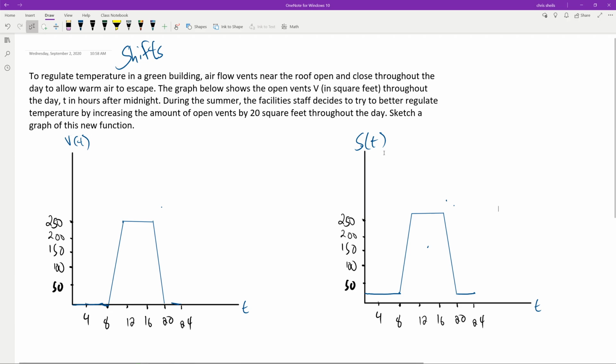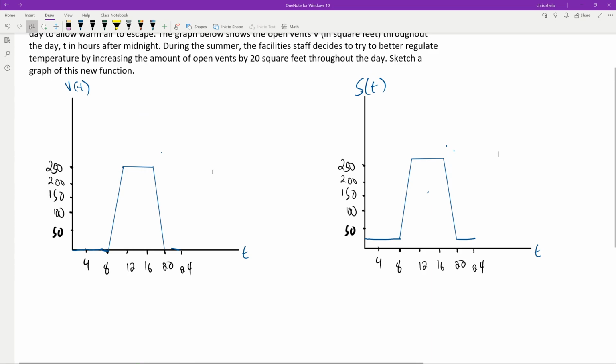So this new function that we're calling s of t, for each of my input values, my output values have been increased by 20. So this new function s of t, we could say, is v of t plus 20. It takes all of the output values of v of t and adds 20 to them.